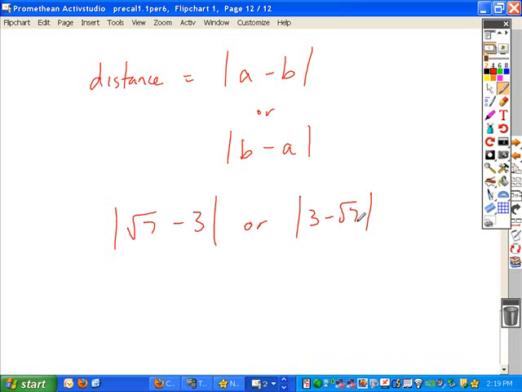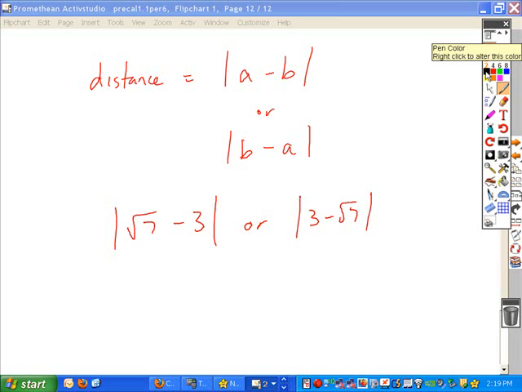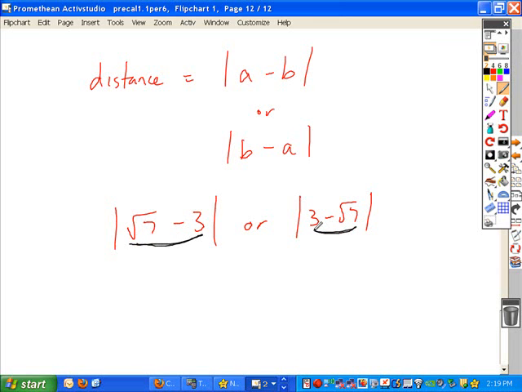You should be able to think of it either way. Then to figure out which one winds up being a positive value, is 3 minus root 7 positive? Root 7 minus 3 would be a negative. So if you just take this one right out of its absolute value, you have your solution.